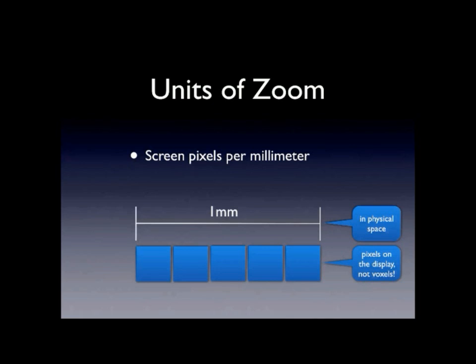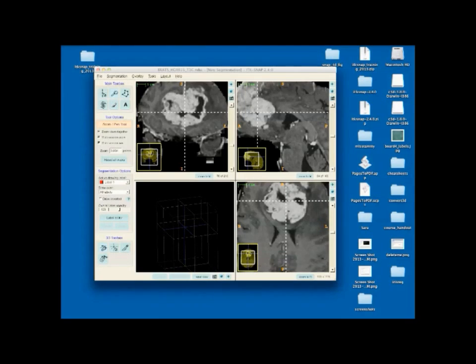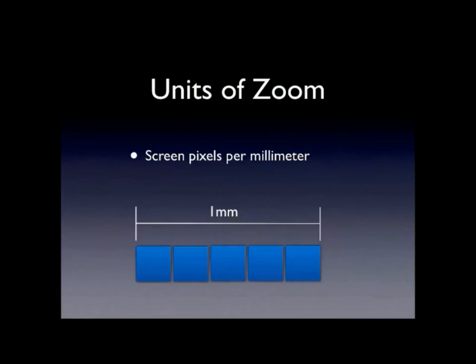But screen pixels are always more or less isotropic. Voxels means the 2D surface or the space? No, the voxels are three-dimensional voxels in your image volume. So the voxels are in the volume, but the pixels I'm talking about are on your display.